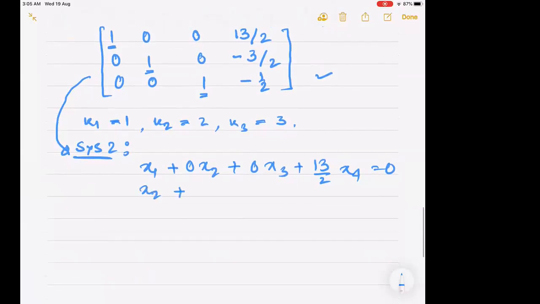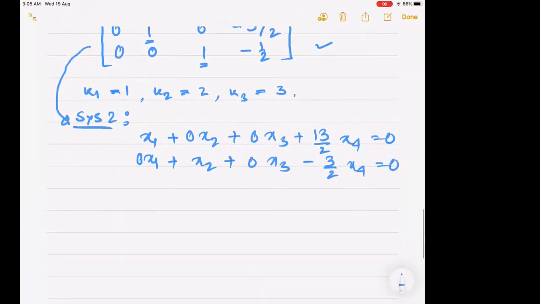Then 0 times x1 plus x2 plus 0 times x3 minus 3 by 2 times x4 equals 0.